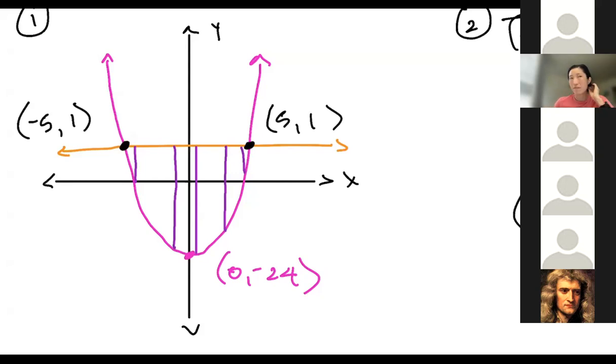True or false? Okay. Every purple rectangle drawn here has the same function on the top and the same function on the bottom. Yeah, in particular, which function is on the top?